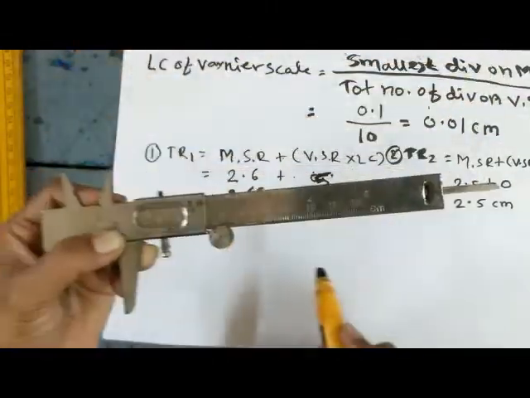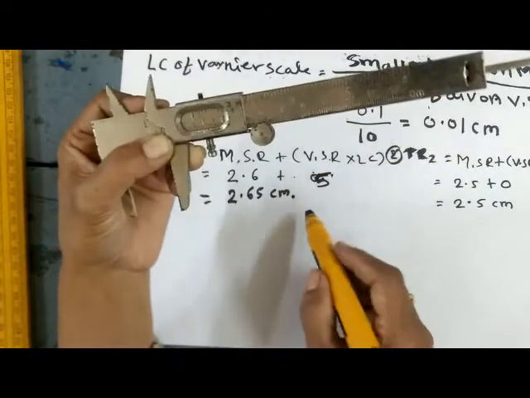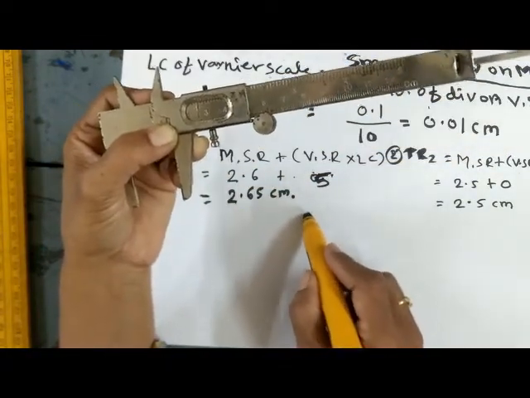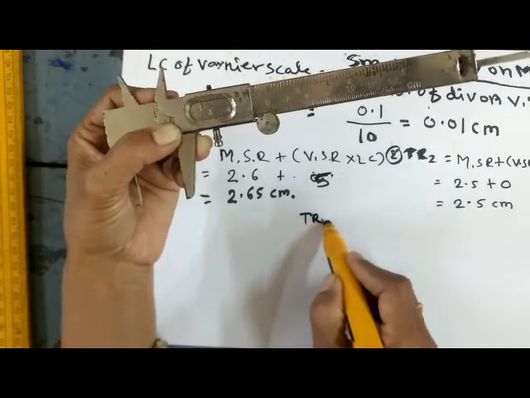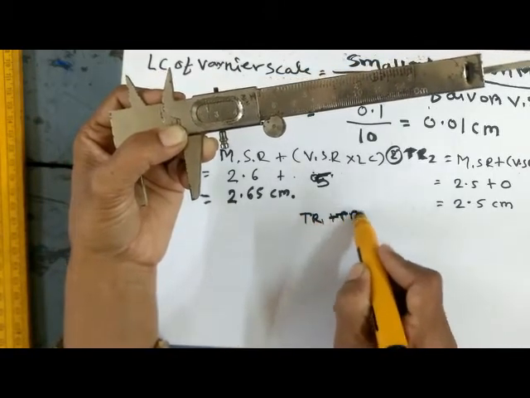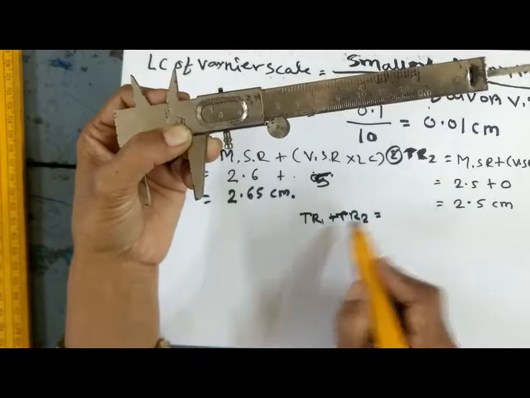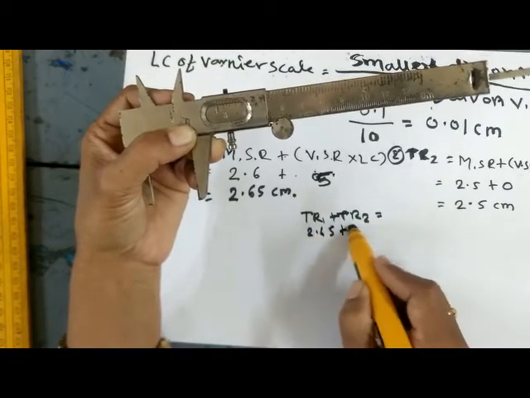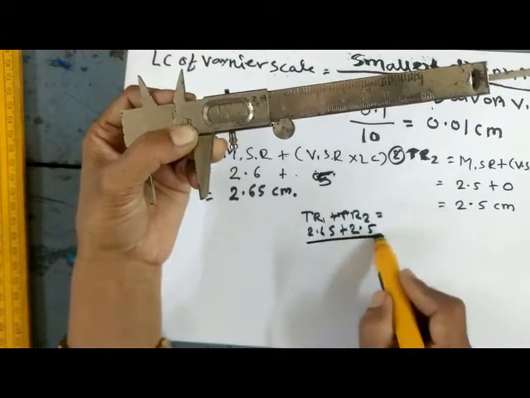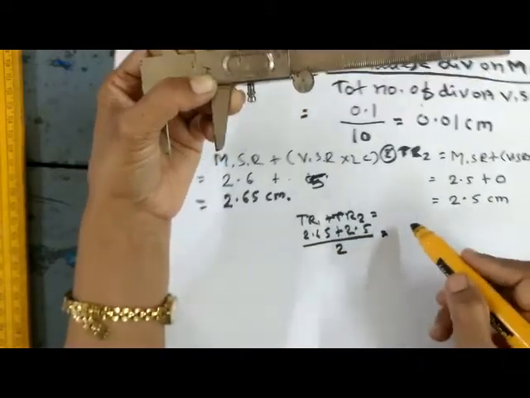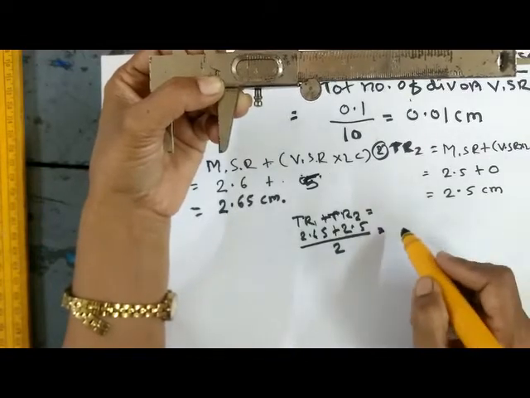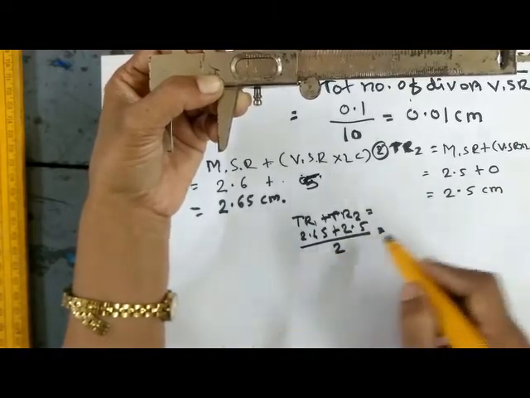Thirdly, the mean difference between two readings will be TR1 plus TR2 is equal to 2.65 plus 2.5 divided by 2. So this will be the mean difference between two readings.